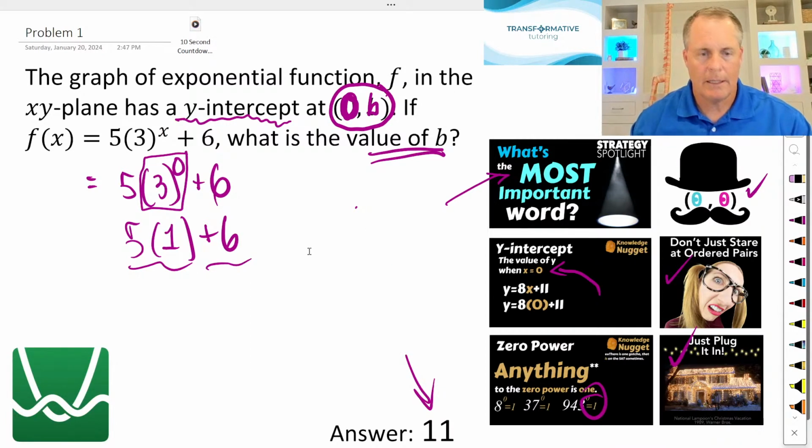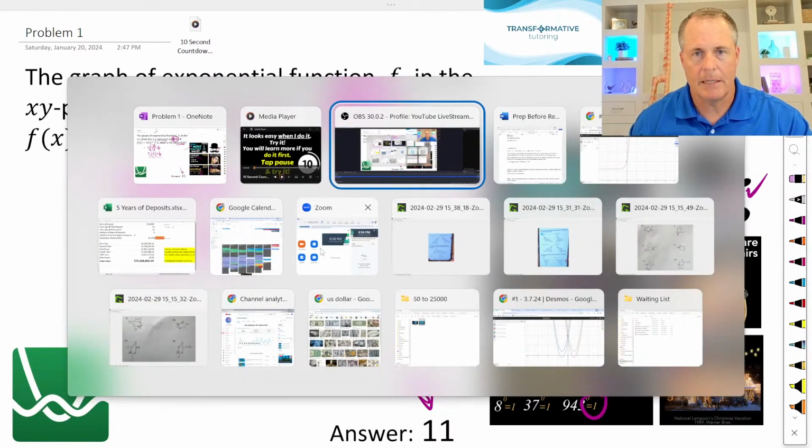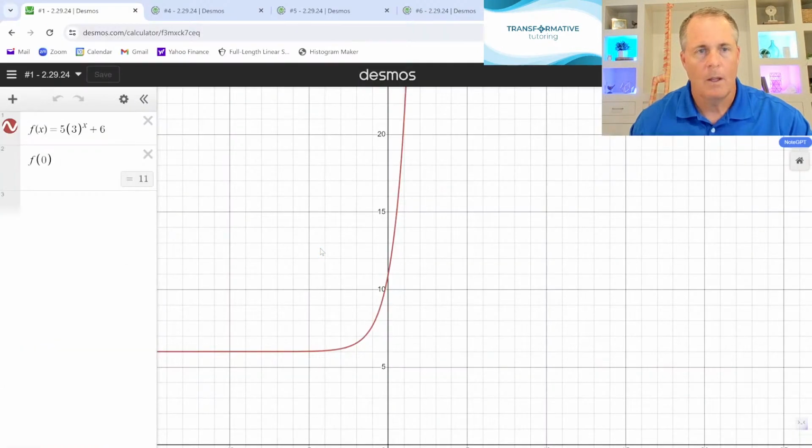Now, let me show you quickly how to use Desmos to do something like this. You can type your equation into Desmos, and this one, maybe it was called f of x. You could call it g of x. It doesn't matter, but don't type in y. Make sure you type in an f of x or a g of x here. Since we were trying to find a y-intercept, we're just putting a 0 into the equation, and Desmos tells us we should get 11.